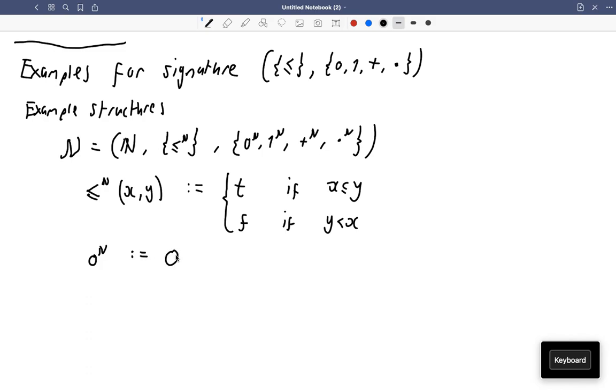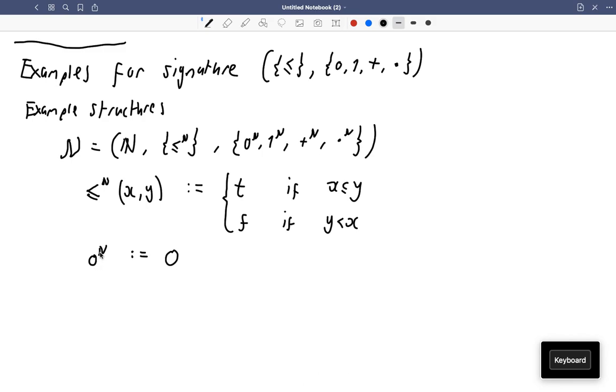So here, again, this 0 is the function symbol, which is a constant because it has arity 0 in the signature. So that's just a piece of syntax that we use in building up formulas.